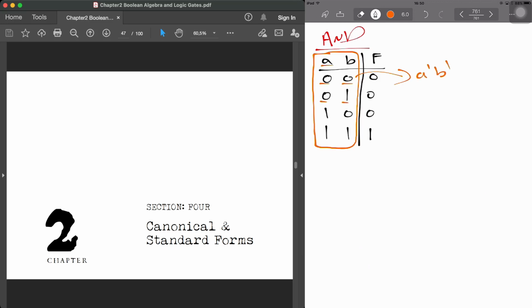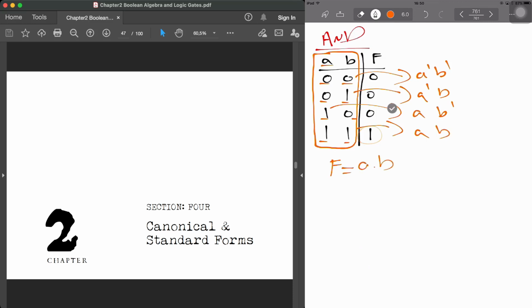Then this one, A prime, B, and this one is A and B prime, and this one is going to be both A and B. So we can say that F in the AND gate is A dot B because of that.